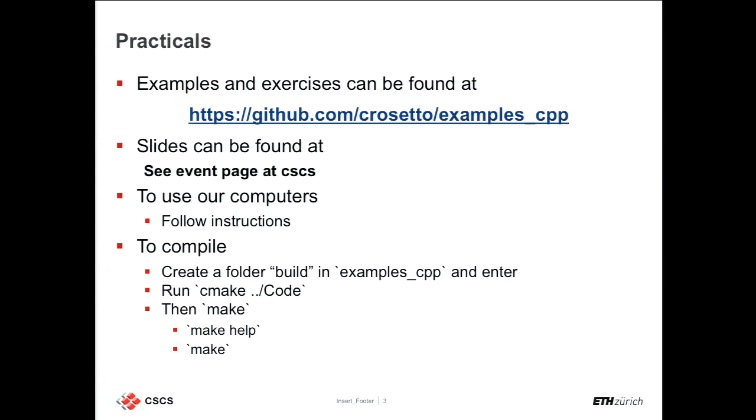Enter into that folder and run cmake ../code, and that will create the make files or whatever project files you need. Then if you are on Linux or Mac, you can just run make help to see what targets are available, or you can run make to compile all the examples.